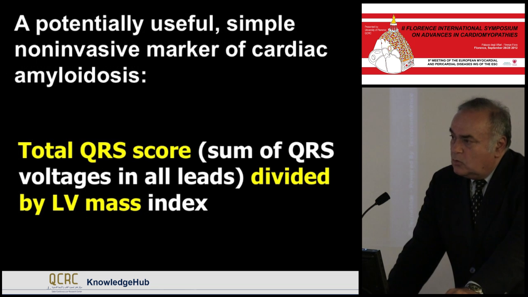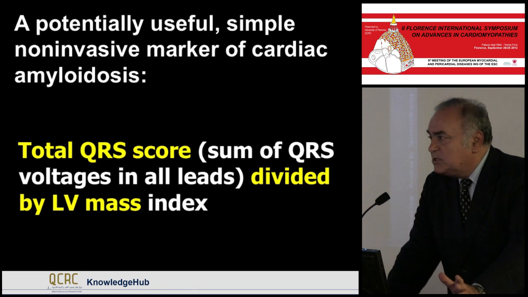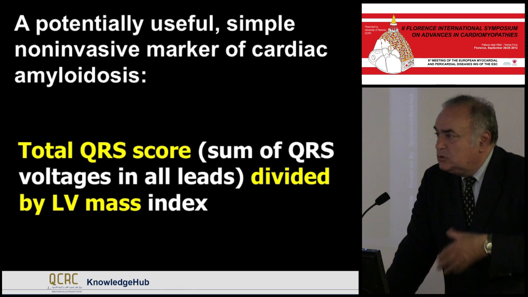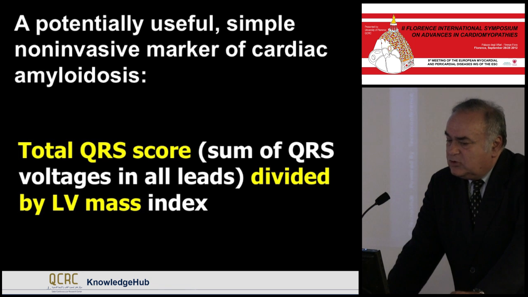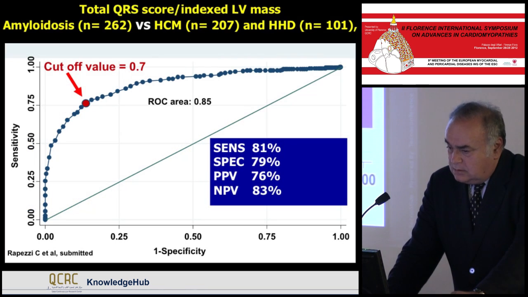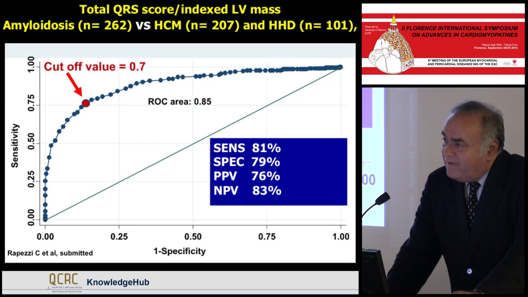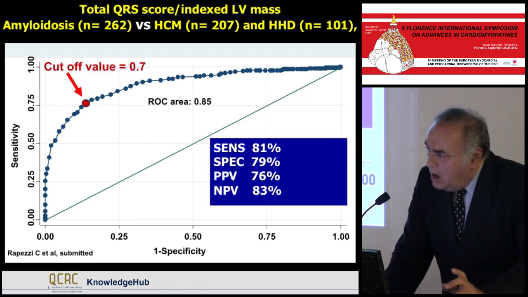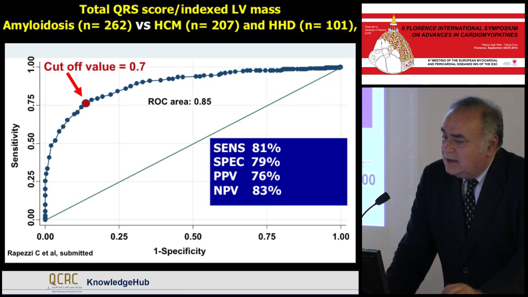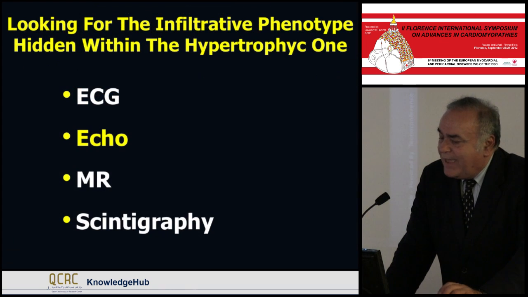So if you want to make a differential diagnosis, or foster a diagnostic suspicion, you probably have to perform this calculation: total QRS score divided by LV mass index. In a large study involving around 500 patients, we found that this cutoff value is particularly useful in clinical practice. So no longer low QRS voltage, but total QRS score divided by LV mass, in our experience.